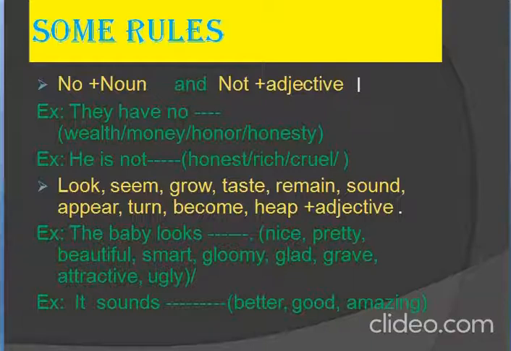This is adjective. The baby looks pretty. This is also adjective. The baby looks beautiful. The baby looks smart. You can write others here, but they must be adjectives. Next example, it sounds blank. It sounds better. It sounds good. It sounds amazing. All these are very helpful for you to complete your gaps.